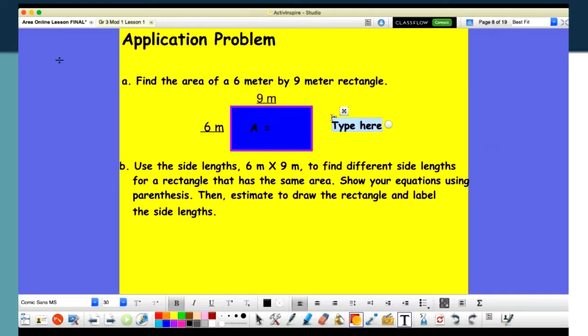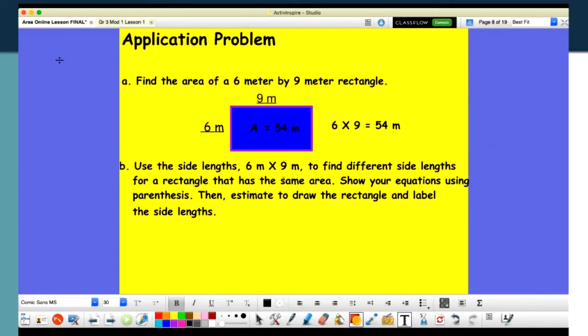So we're looking for area. I'm given the side length, which is 6, and a width of 9. And I can multiply those together. And I know that 6 times 9 is equal to 54. So in this case, the area is 54 square meters, which would be my total area.